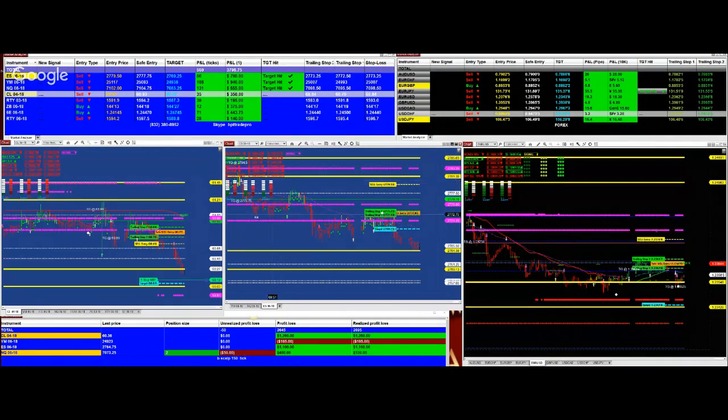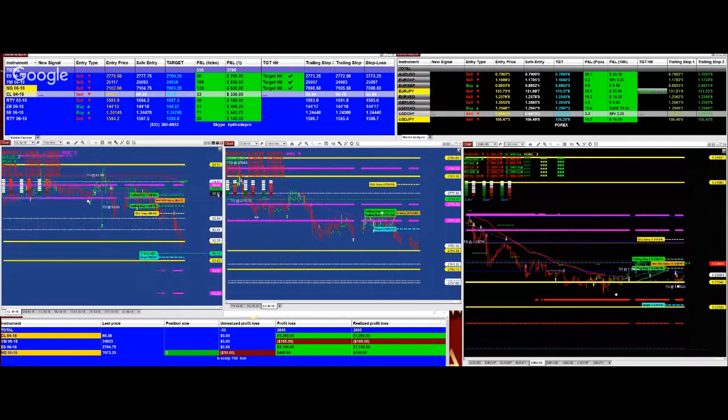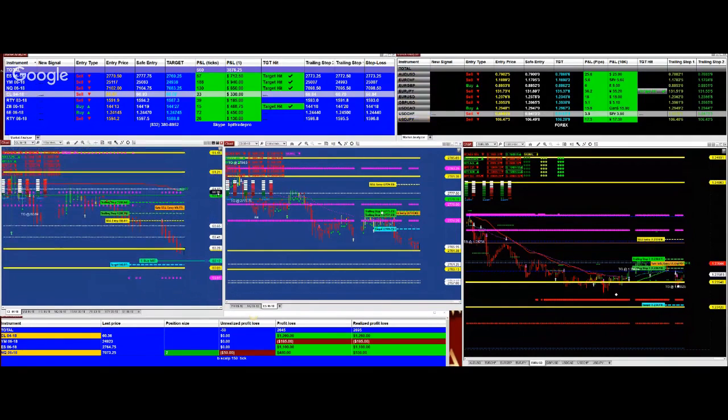And I hear it when the market does that. If we look, we missed this target by just three ticks actually, and now we are waiting on hitting the target. So we'll see.